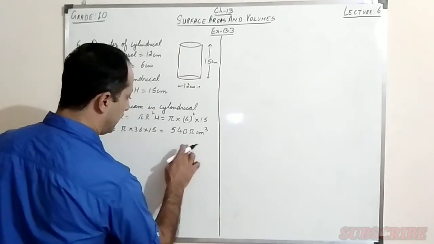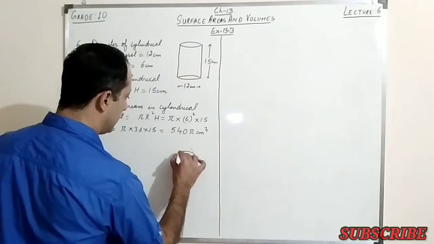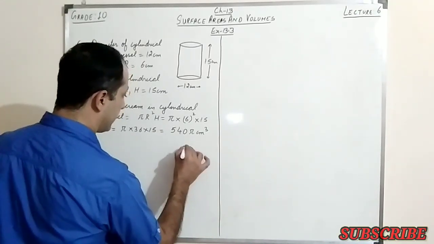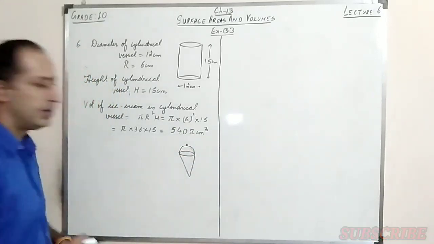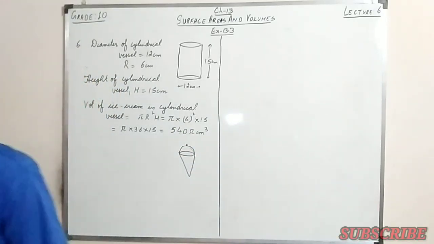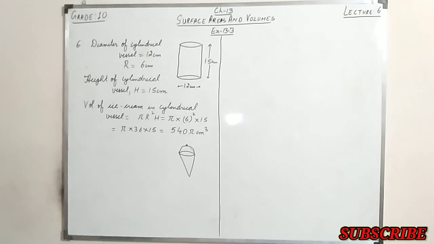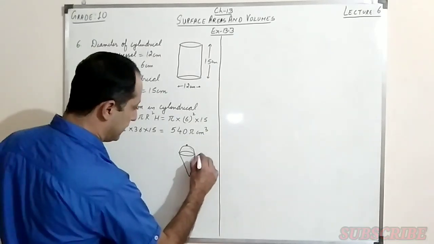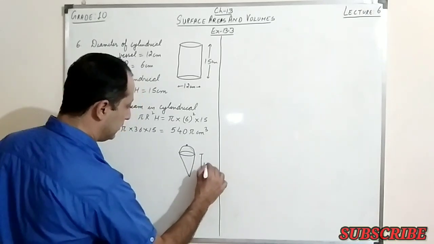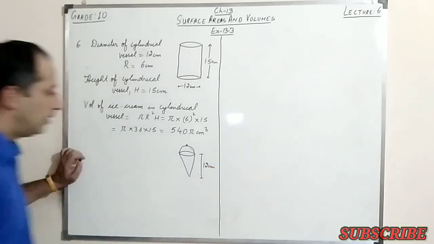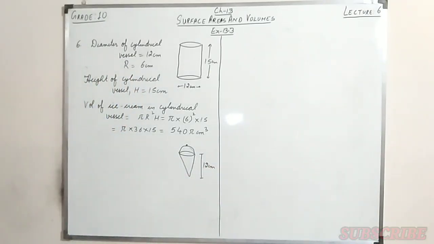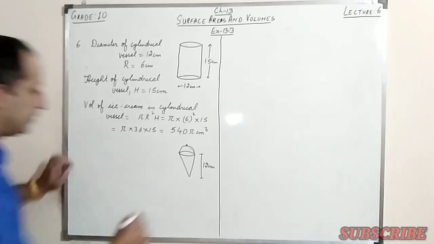Let me make it a little bit nicer. And let's put a cherry over it. Also, it is not given. So now what dimensions do we have? The height of the cone is given as 12 centimeter. Right? And the diameter is given as 6 centimeter.